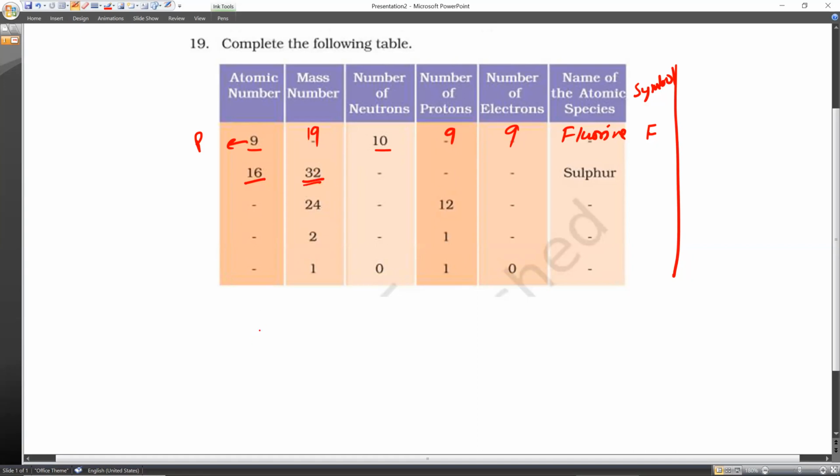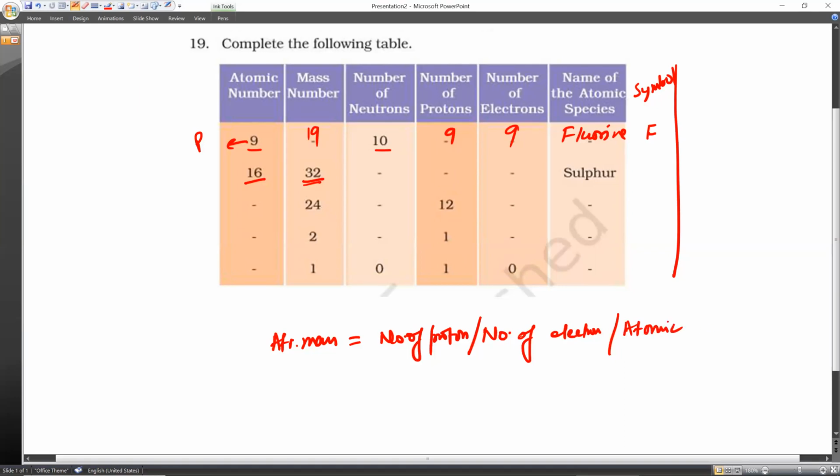You know that atomic mass is actually equal to number of protons, number of electrons, or atomic number, any one of these can be used.